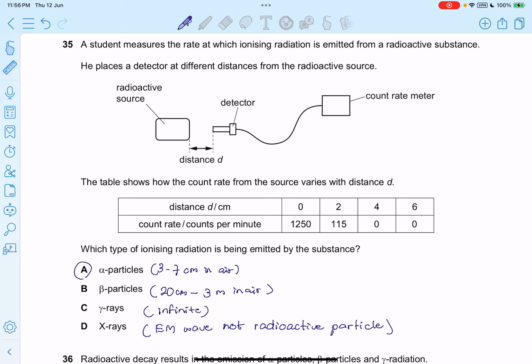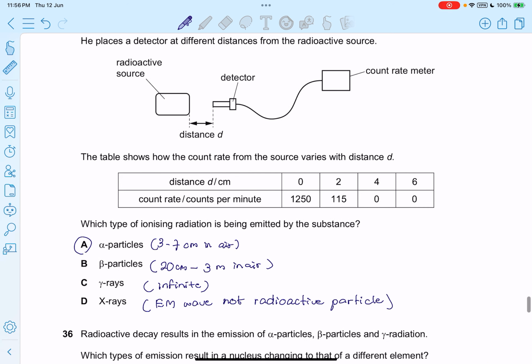35. The student measures the rate at which ionizing radiation is emitted from a radioactive substance. He places a detector at different distances from the radioactive source. The table shows how the count rate from the source varies with distance D. When the detector is touching the source, it has the maximum count rate.